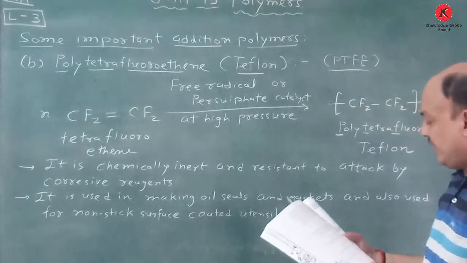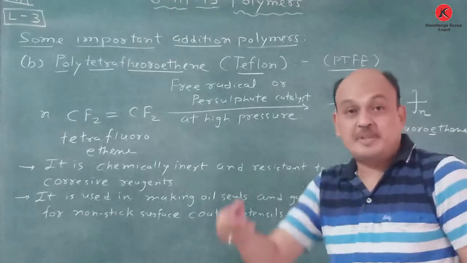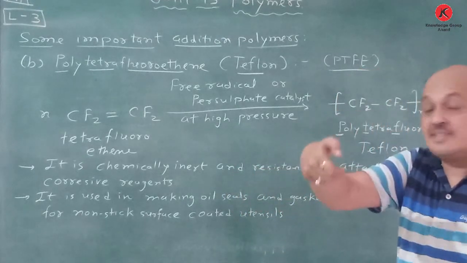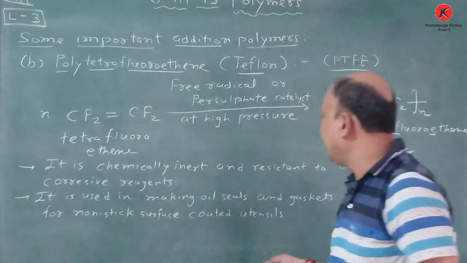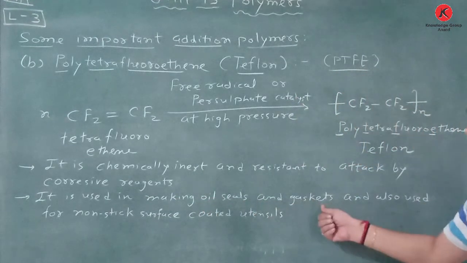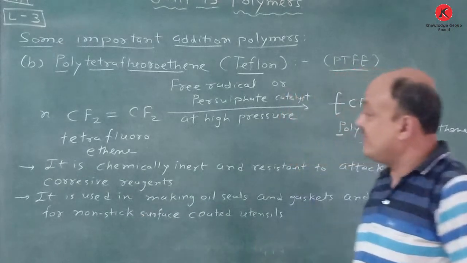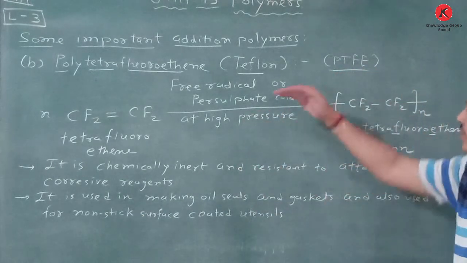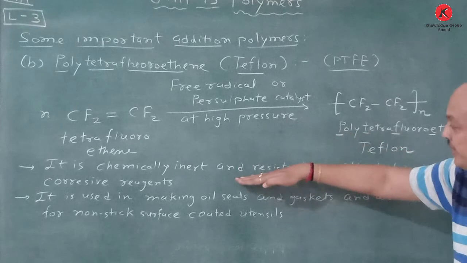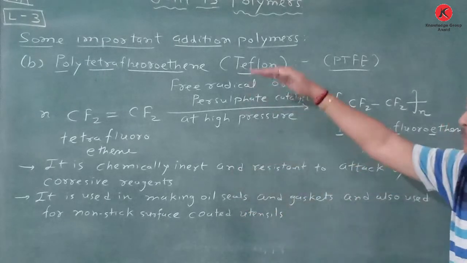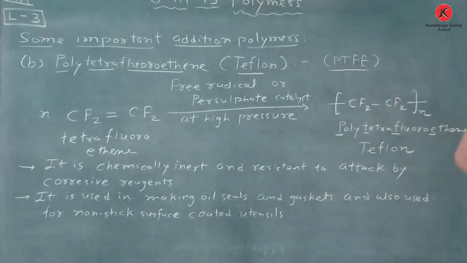This is very important. Coated utensils, that means a cooker or whatever black colored ware is there, that is nothing but Teflon. So this is very important. Write down the preparation, properties and uses of PTFE. Make a note of this and prepare it completely. It's a very good question.